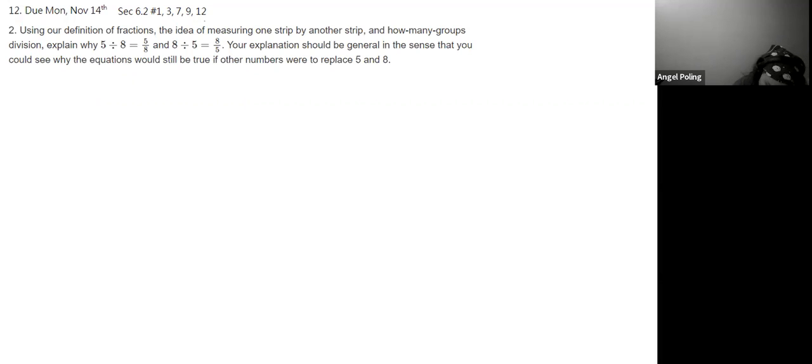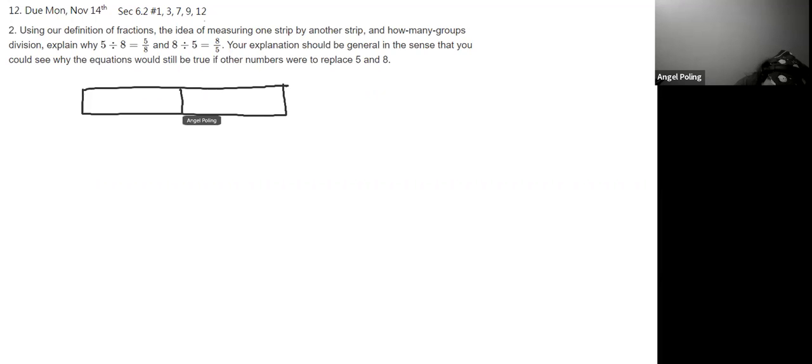So let's draw one strip with 8 parts. And another strip with 5 parts. 1, 2, 3, 4, 5. Right underneath so that they're the same size.